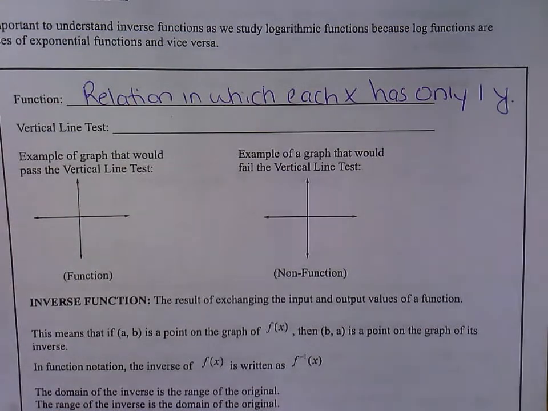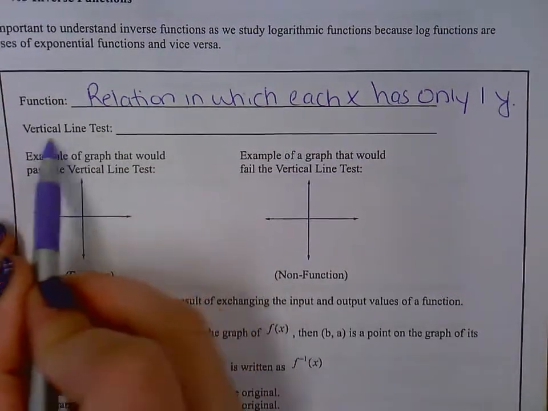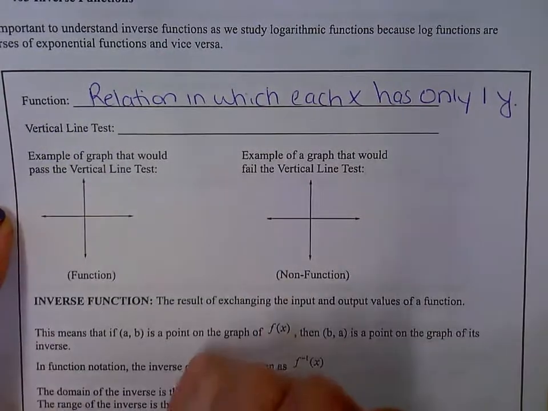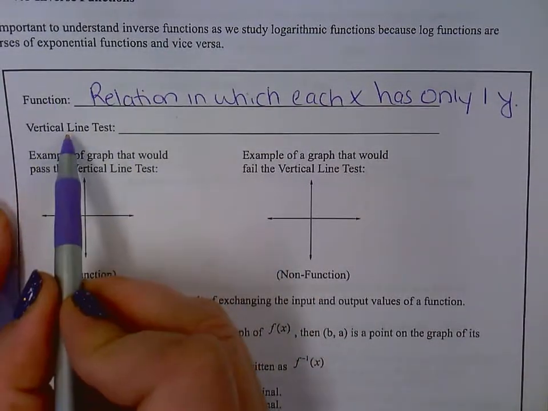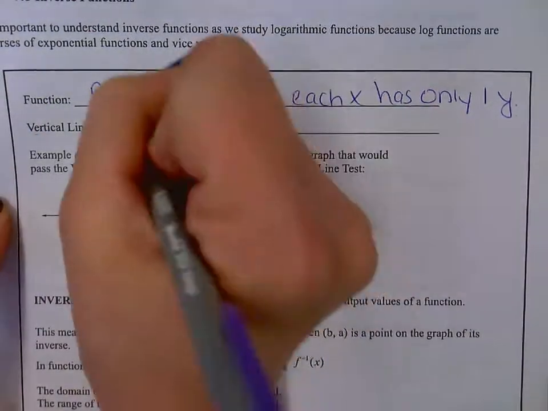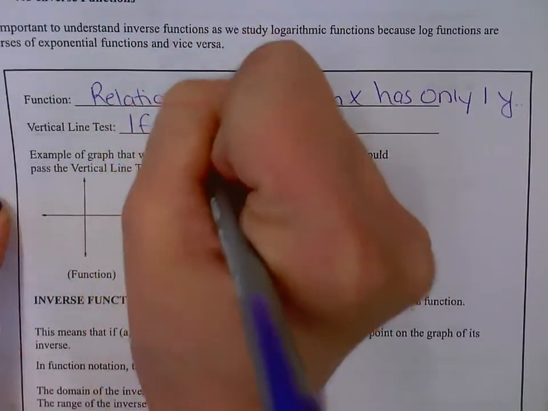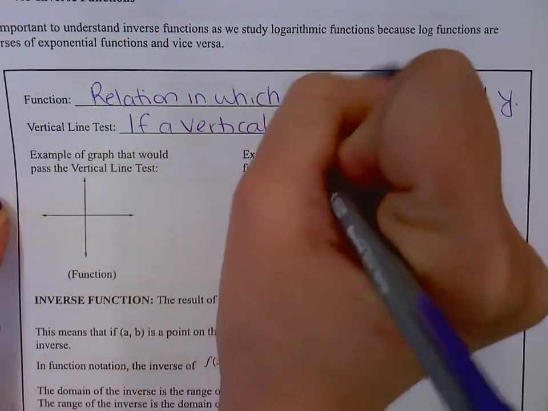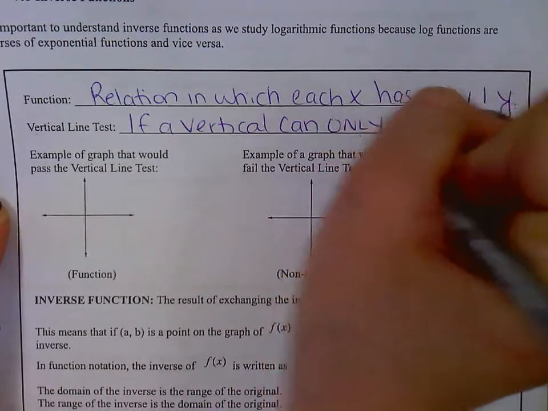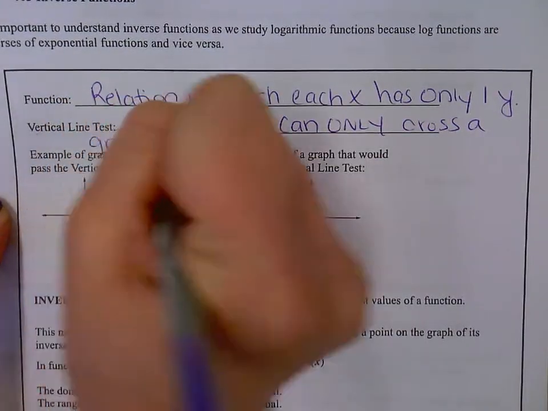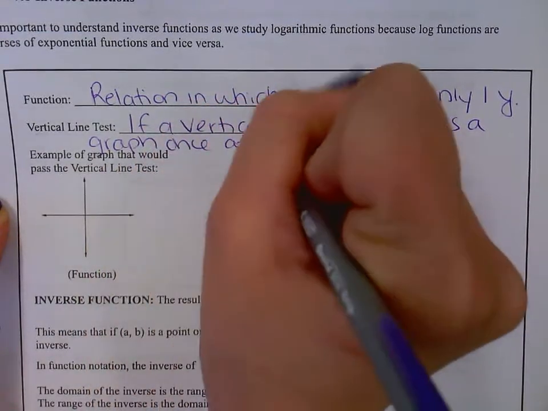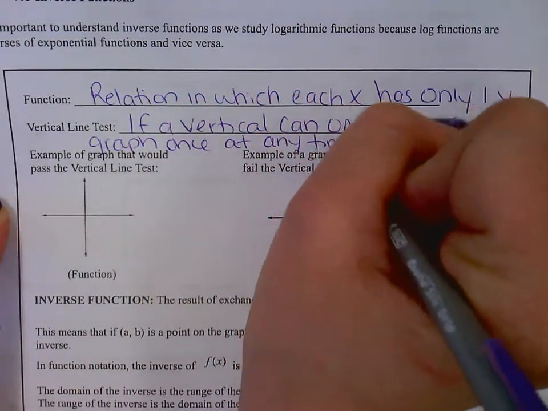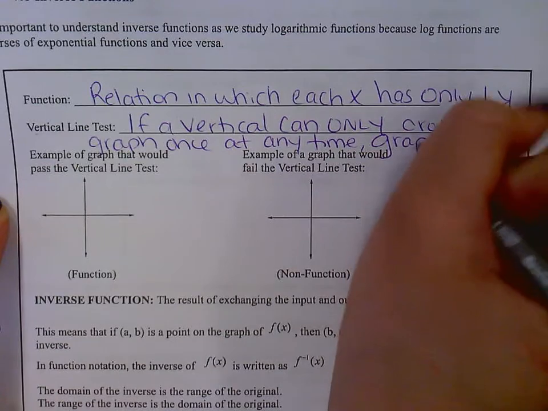The vertical line test, tested back in Algebra 2, for a function. So the vertical line test is if a vertical line can only cross a graph once at any time, the graph is a function.